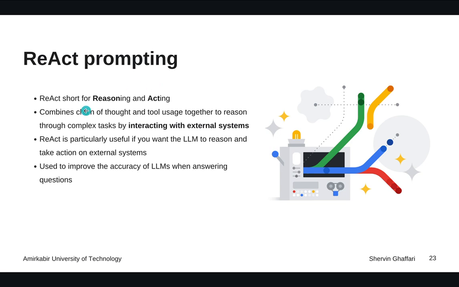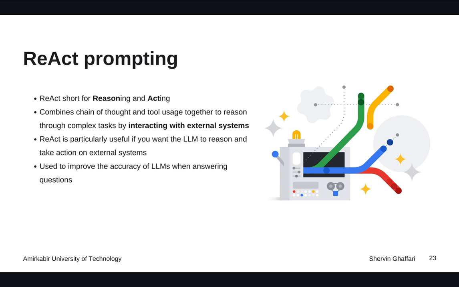So it's beneficial. It is also used for complex tasks because it can interact with external systems by thinking and taking action. As I said, it might be tool calling from external systems.